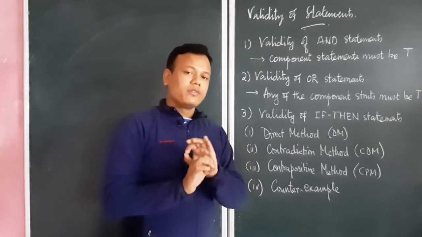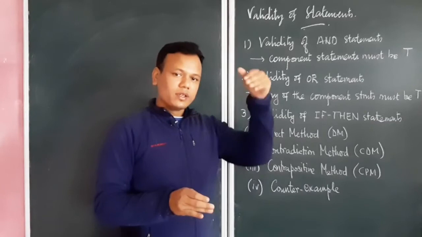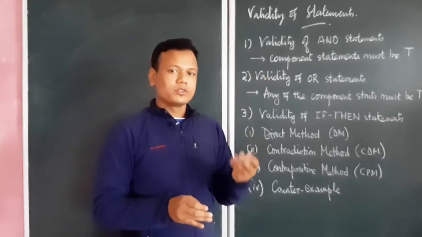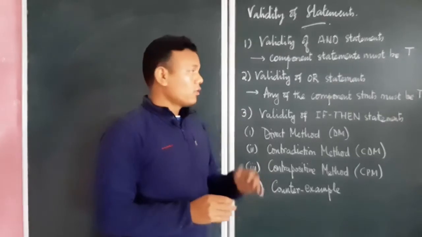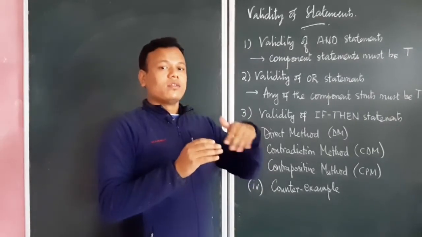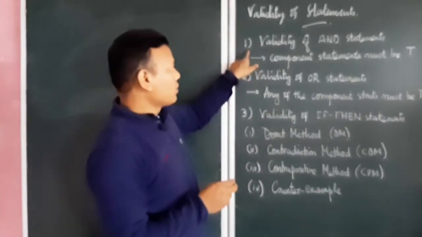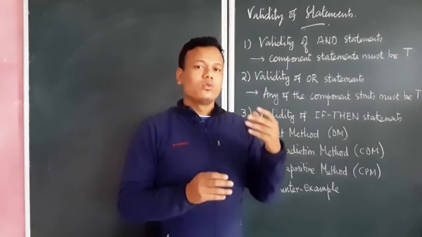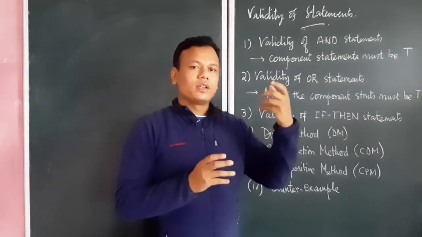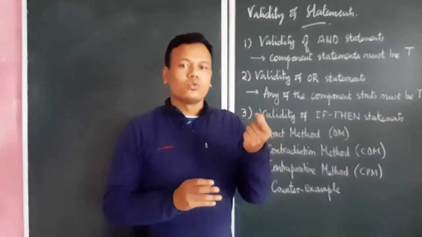Now we have learned various kinds of statements, simple statements and compound statements, and within compound statements we came across logical connectives like and, or. Now let us see the validity of such statements. The first kind is validity of and statements. Wherever you see and, you want to check whether the statement is true or not.